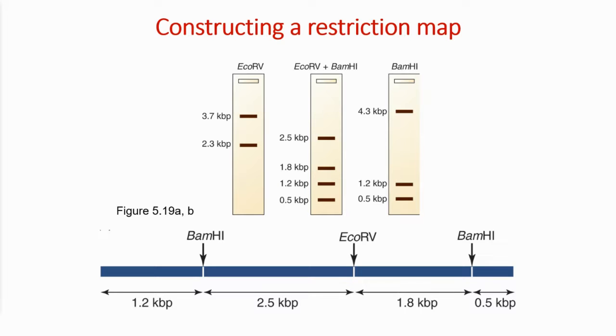You put 1 site here, that will be EcoRV, and 1 side of the fragment will be 3.7 kilobase, and the other side will be 2.3 kb. Let me get the eraser. So we finished the first one, so I'm going to erase it here.